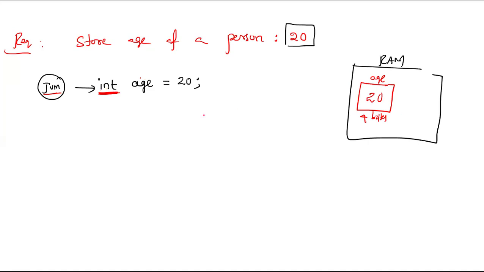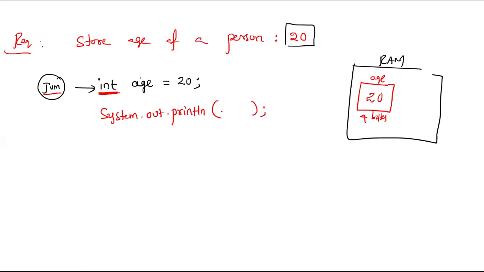Then how do we print this 20 as output? For getting anything as output, we mandatorily should use a print statement syntax. So what is the print statement syntax? Yeah, System.out.println. So inside this parenthesis, we have to use something. What are we supposed to use?